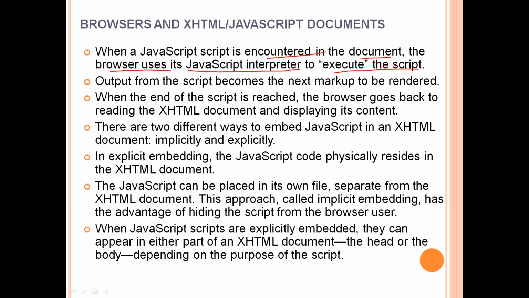Without this JavaScript interpreter, the browser is not able to execute JavaScript, remember. And it can detect this JavaScript because we always include JavaScript inside a tag called the script tag. We have seen it in the last example also. Whenever a browser finds a script tag, it considers the data inside it as JavaScript code.